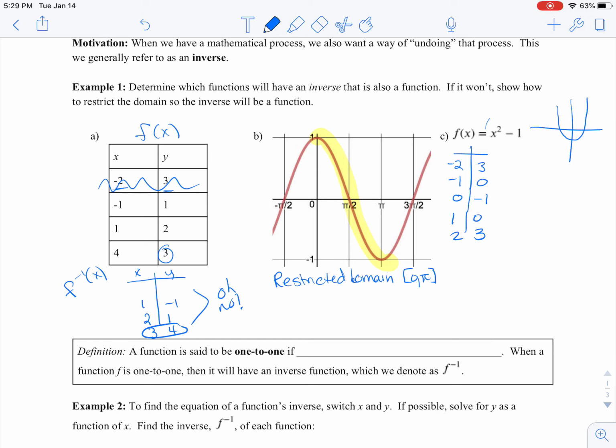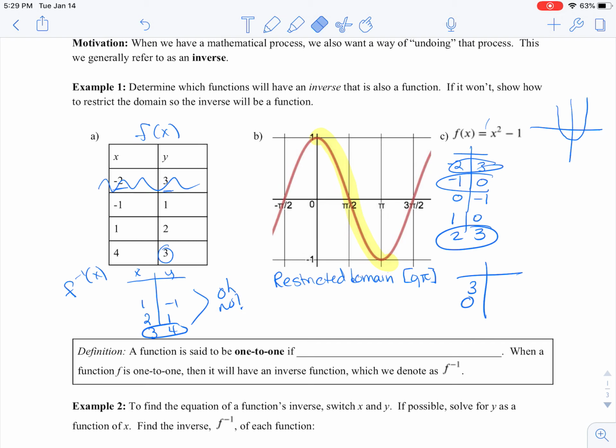We can notice that if we did the swapping like we did over in part A, we'd run into problems. For -2 and 3 and 2 and 3, in our inverse, if we put in 3, would we get out 2 or -2? And if we put in 0, would we get out 1 or -1?